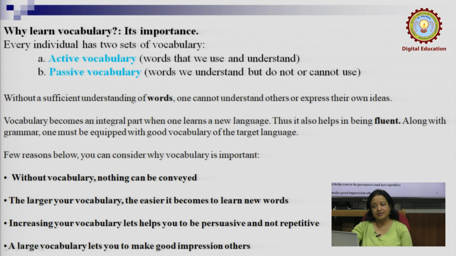While grammar is undoubtedly important, it is not a vital part of a language. In most situations, you can ignore grammar rules and still get your message across, but without vocabulary, nothing is conveyed.